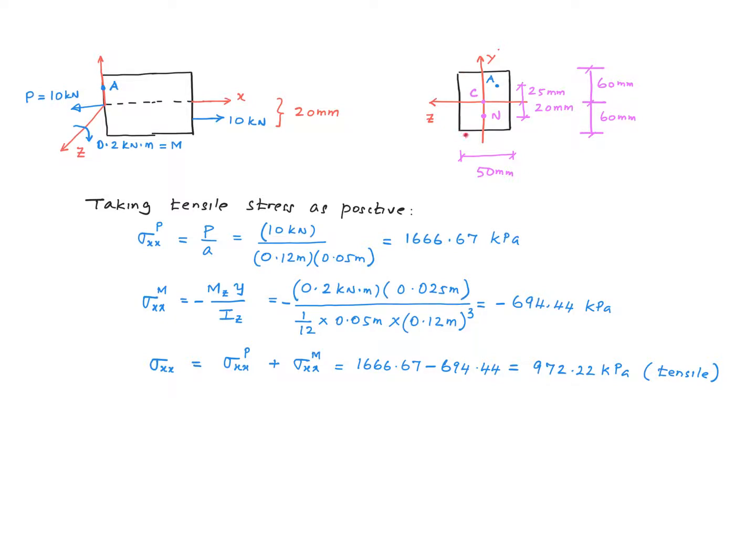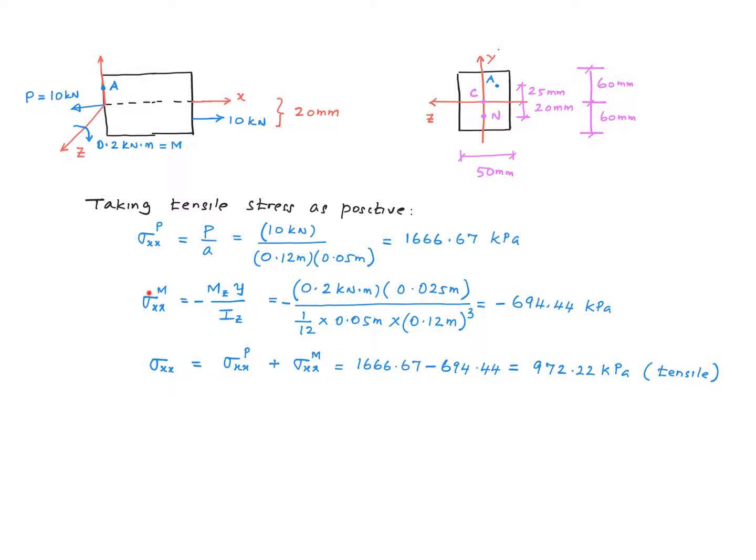A, which is the cross-sectional area of this rectangle, expressing that in meters, will be 0.12 multiplied by 0.05. And that gives us a value of 1666.67 kilopascal for sigma xx due to P.